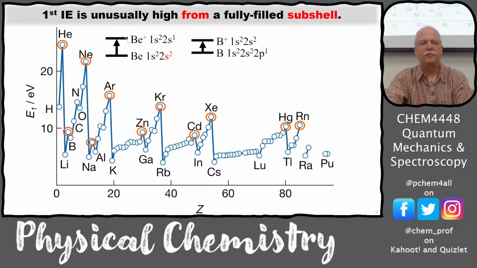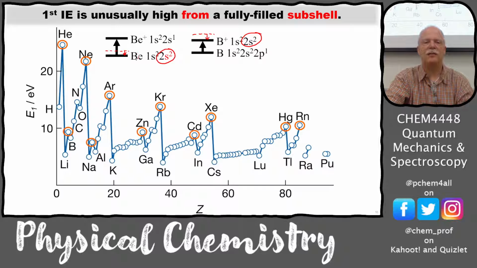So if we have a fully filled subshell in the neutral atom, that neutral atom is stabilized. When I say stabilized, that means that energy is lower than we would expect, and it makes the ionization arrow longer. For boron, it's easy to ionize because the cation is stabilized. See, I'm drawing the dashed line and the down arrow anytime I have a fully filled subshell.